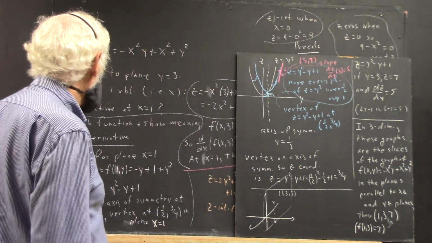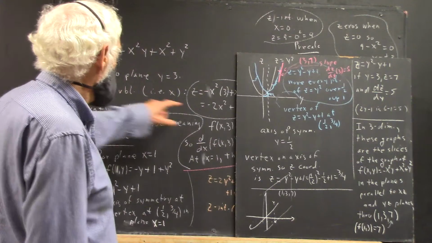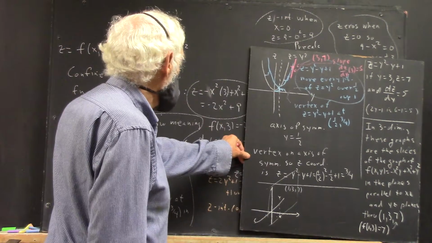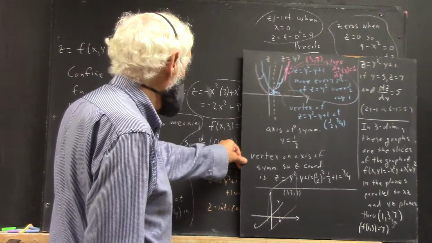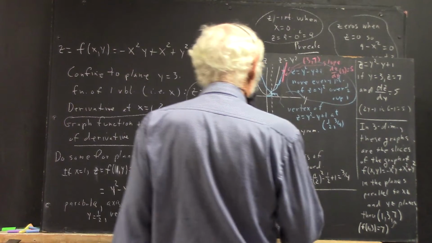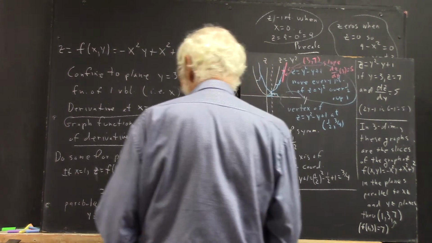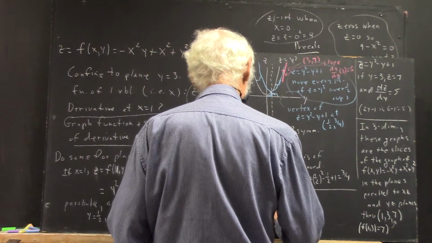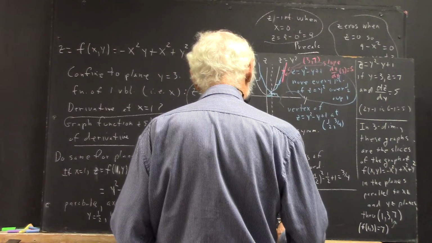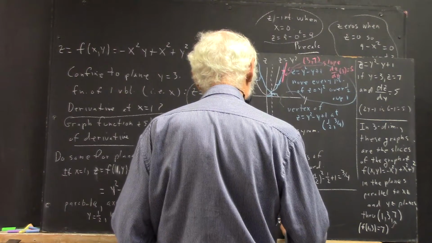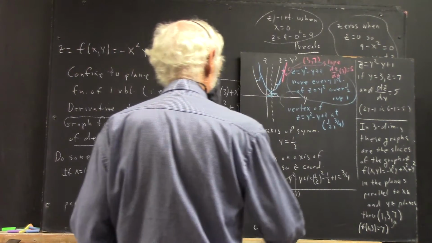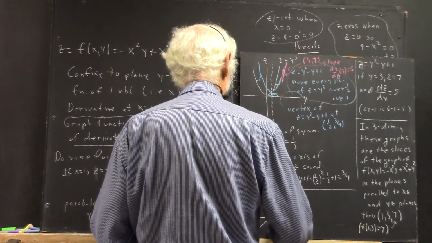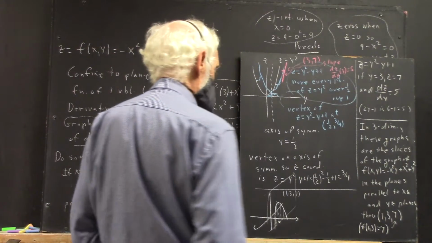If y is 3, then you've got this function here, negative 2x squared plus 9. So the graph in this plane does this. And that's in the plane parallel to the xz plane.